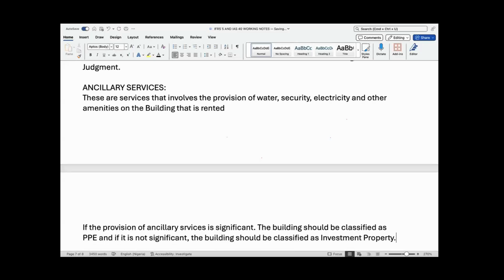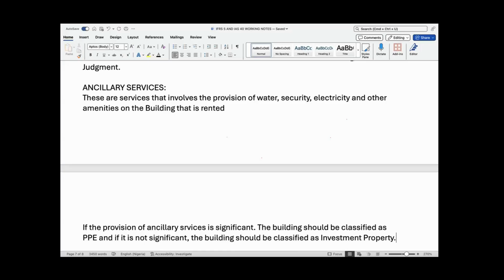So from this explanation, that means if you own a hotel, if you run a hotel business, that building will be classified as PP because ancillary services are usually significant in hotel business. You are the one that will provide them water, electricity, a bed, everything. All they need is to come and pay you and you provide everything.